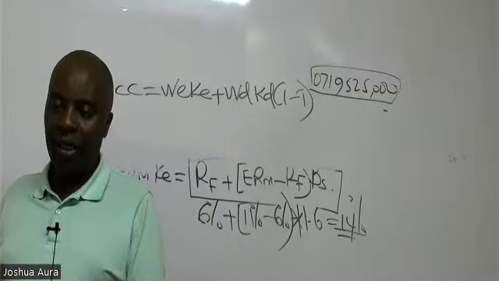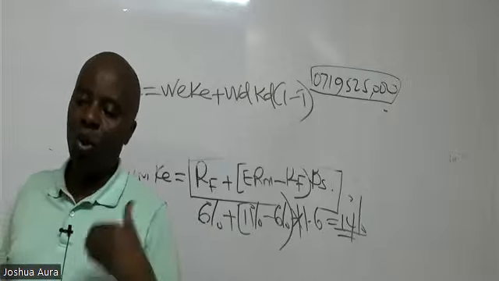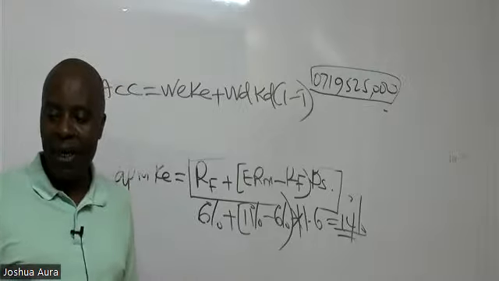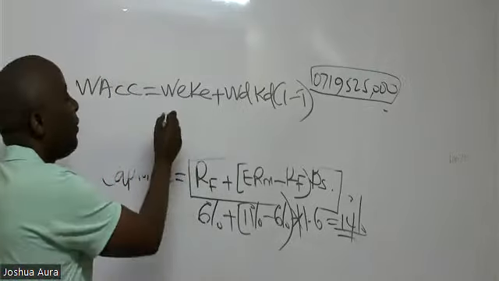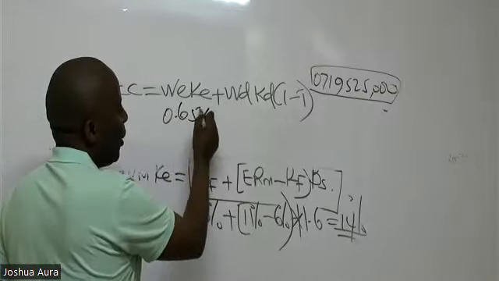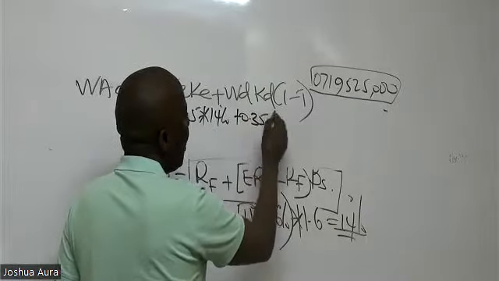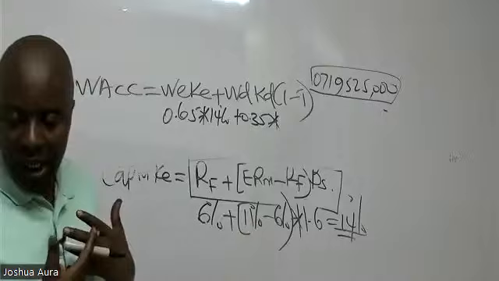So let me remind you. Is there somebody who can remind us the value of weight of equity? 10.91. Okay. So what is the weight of equity? You guys had given me a figure of 0.65. Cost of equity is 14%. Weight of debt was 0.35. Cost of debt has been provided to us in this last paragraph.